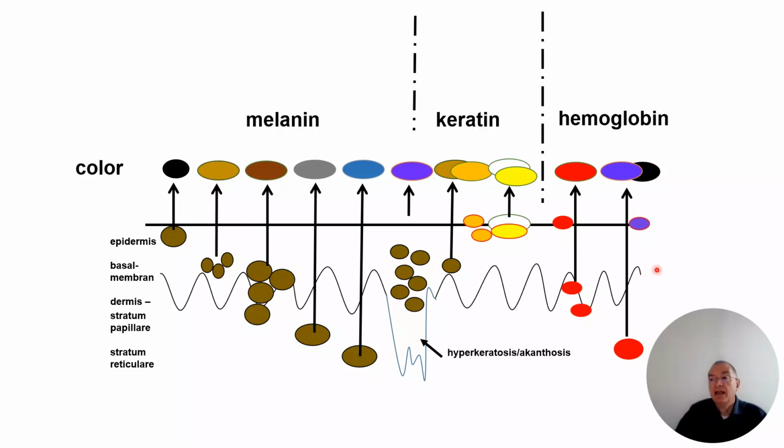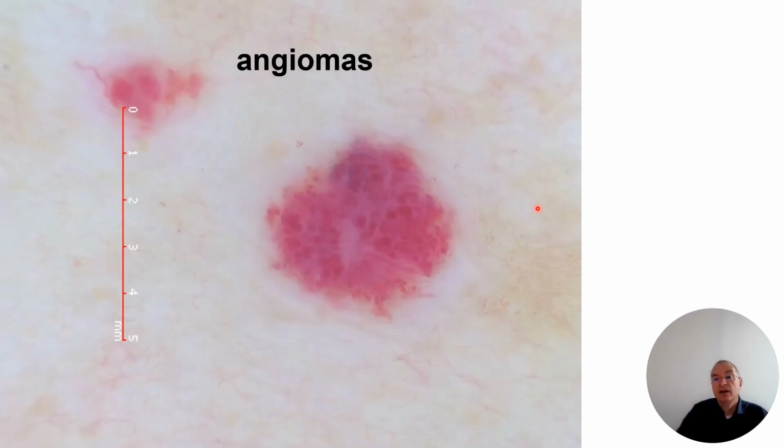And at the end we have the hemoglobin, which can produce some colors. Depending on the level in which the vessels are located, vessels are always located underneath the basal cell membrane. For example, here an angioma, a little bit close to the basal membrane.